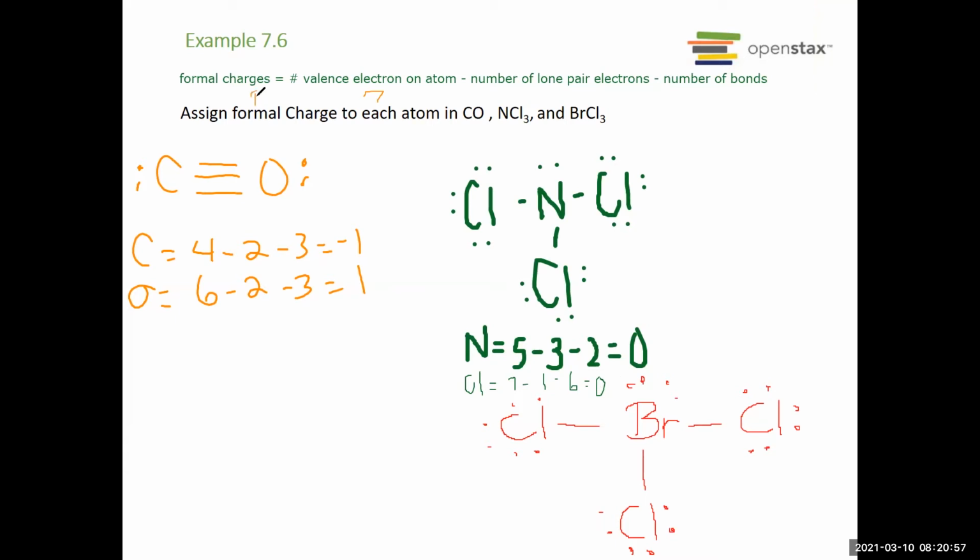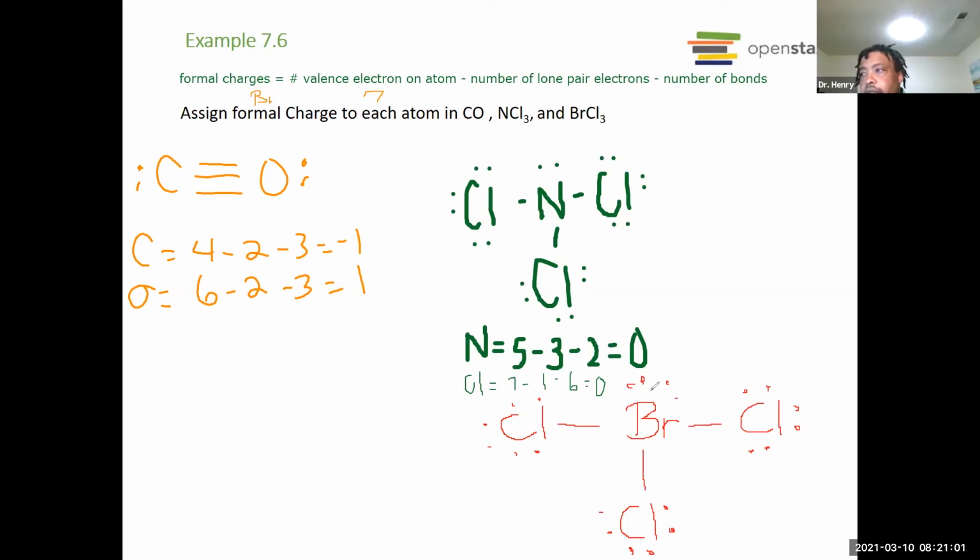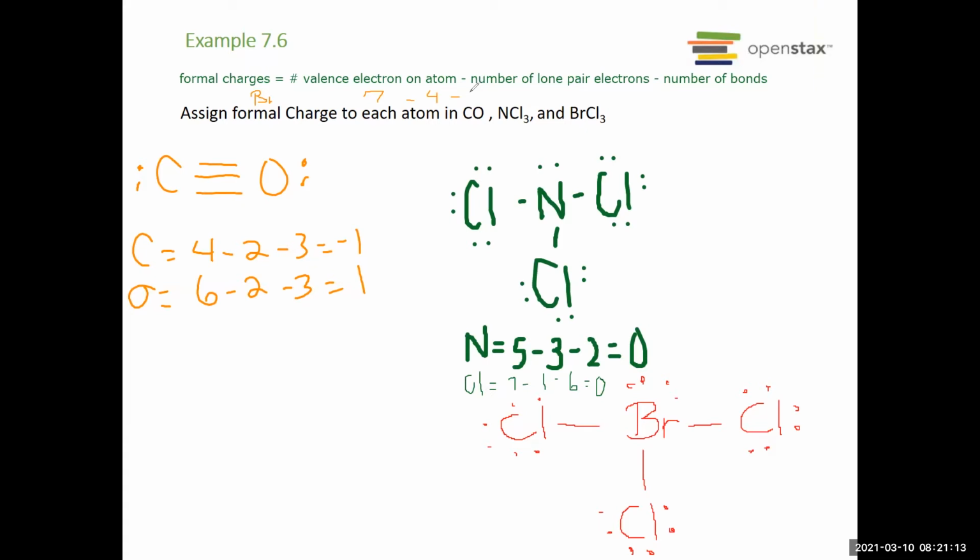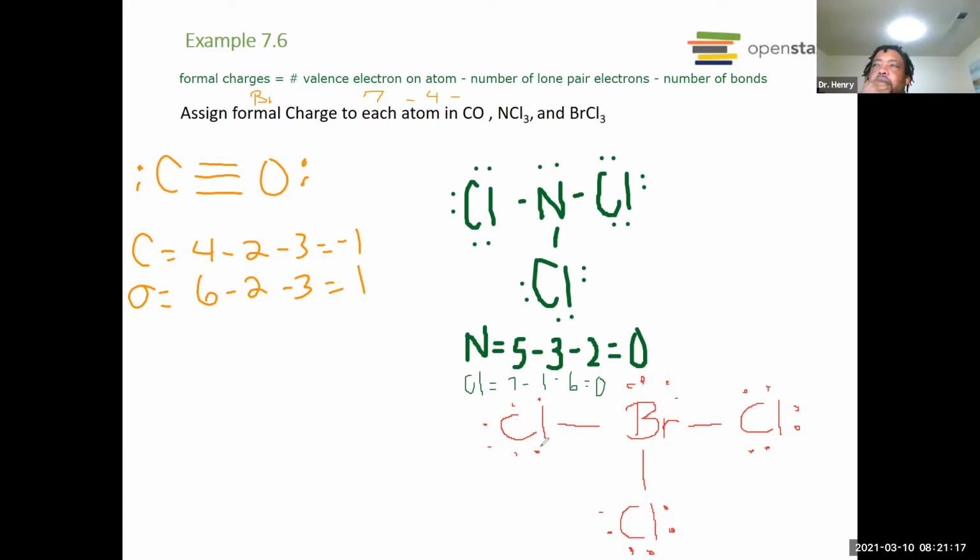One lone pair, so electrons, four. And then how many bonds do we have? Bonds, not bonding electrons, just bonds. Three. Okay, so that equals.